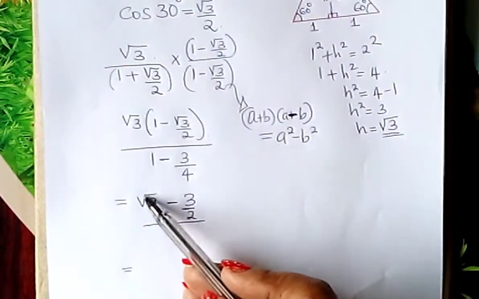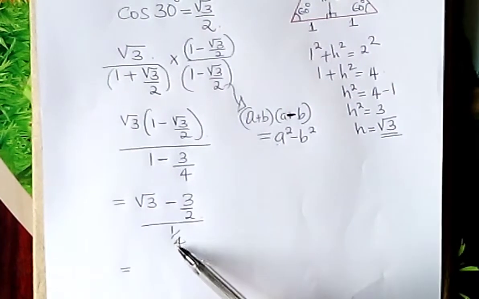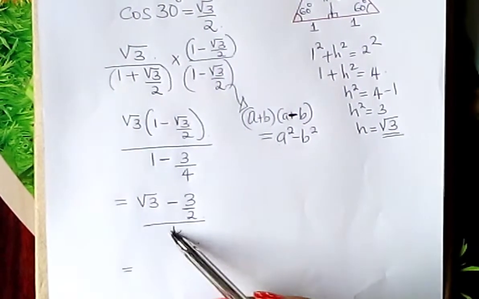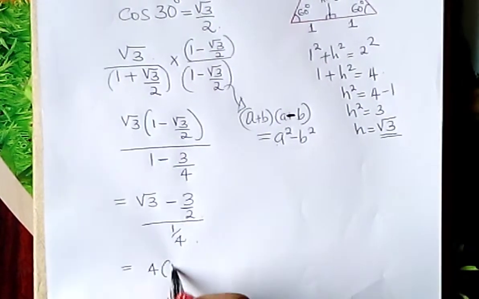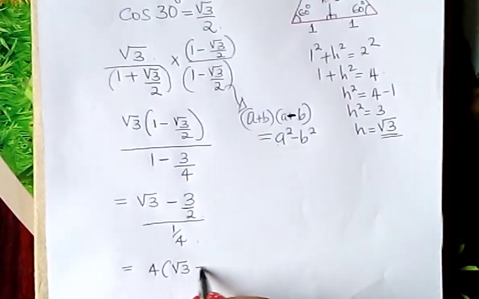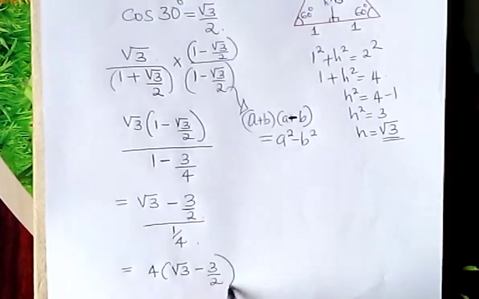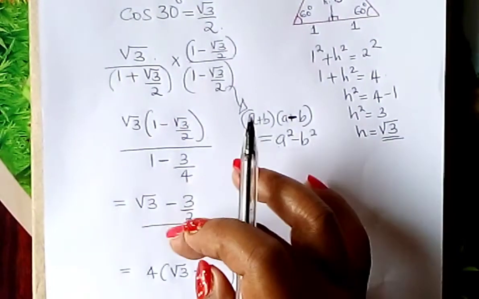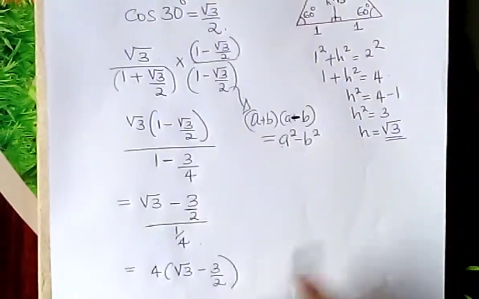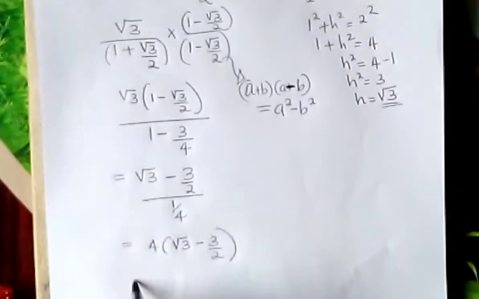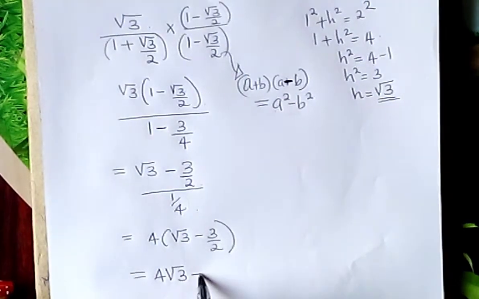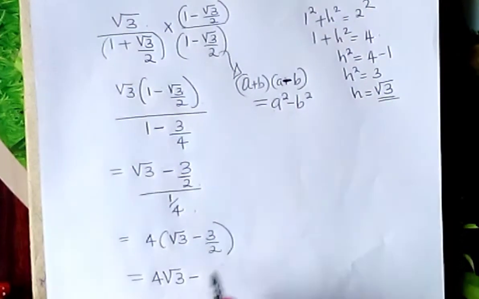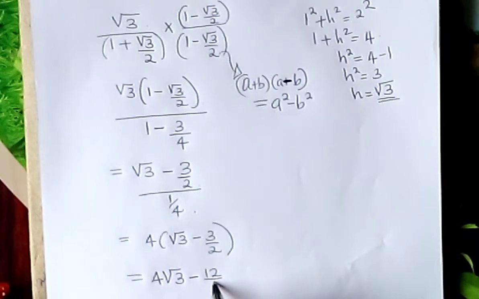So from there, learner, you are dividing this by a fraction. So it is the same as multiplying this with the reciprocal of this, and the reciprocal of this will be 4. So you take 4 and multiply with what you have. You are dividing by a fraction, that is why we are multiplying with the reciprocal. So this gives you 4 root 3 minus, this times this is 12, 12 over 2.